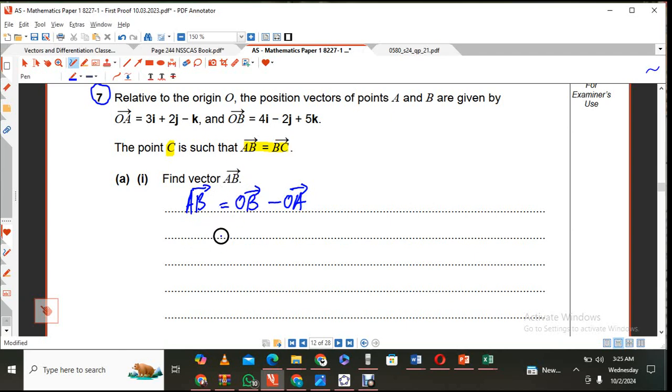Well, you can write them as base vectors, or you can write them as column vectors. It doesn't really matter. So it's going to be 4I minus 2J plus 5K. Now I'm going to put this one in brackets because the minus is going to change everything in there. OA being 3I plus 2J minus K.